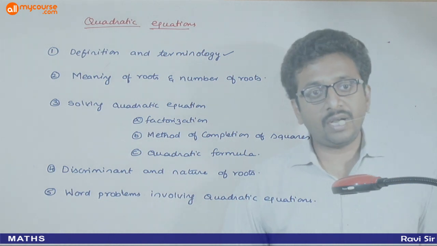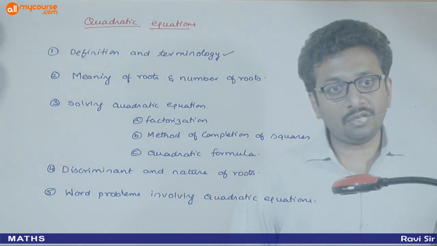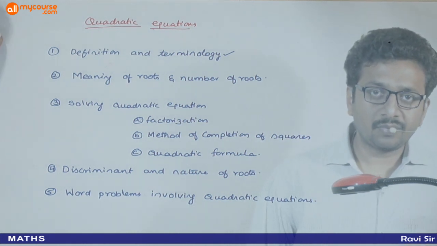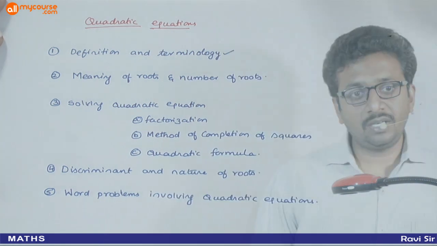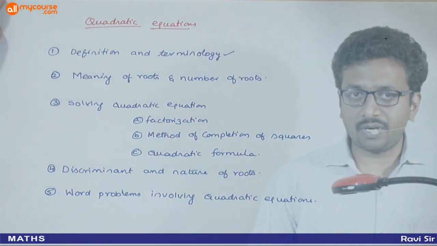So now let us start with the first topic, which is the definition of a quadratic equation and the basic terms that you need to understand while solving quadratic equations.